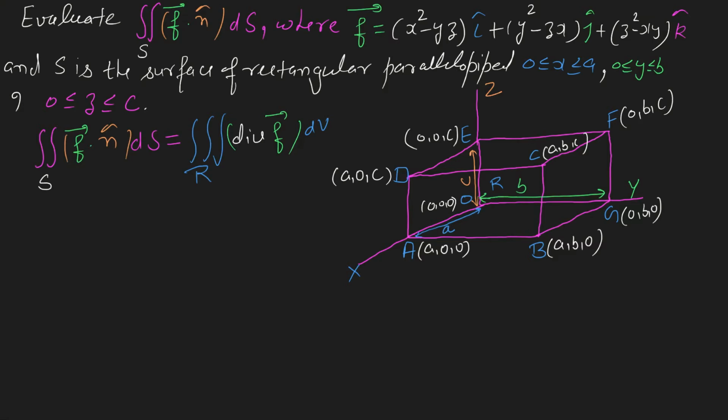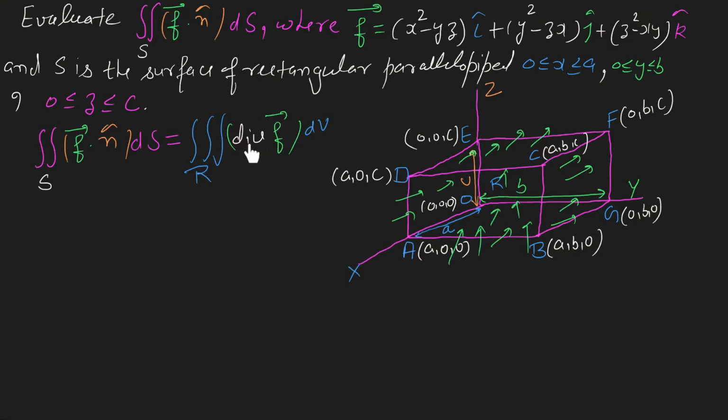If F is a vector field, I can denote it by its components. These are the components of the vector field all over the parallelepiped. So if we have to calculate this surface integral, it will be enough to calculate the integral given by the Gauss divergence theorem.